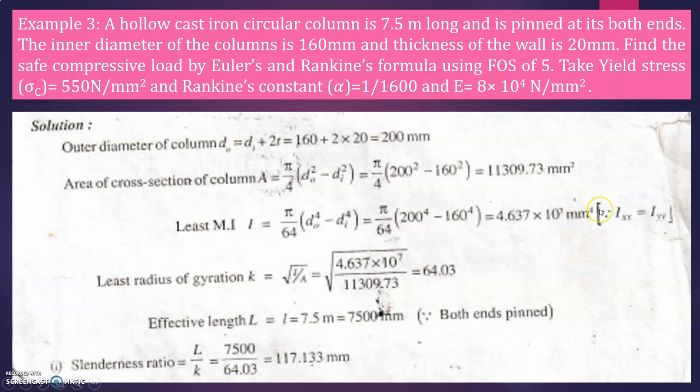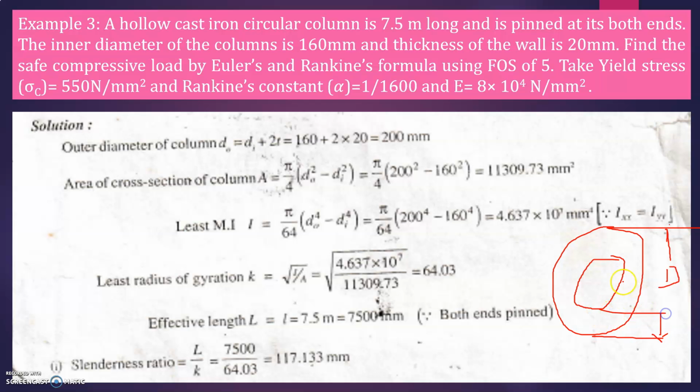How can you find the outer diameter? Let us represent it by D naught, equal to DI plus 2T. Last class I explained why this is DI plus 2T, because it is a circular hollow section. In this circle, this is capital D. How will you get this distance?